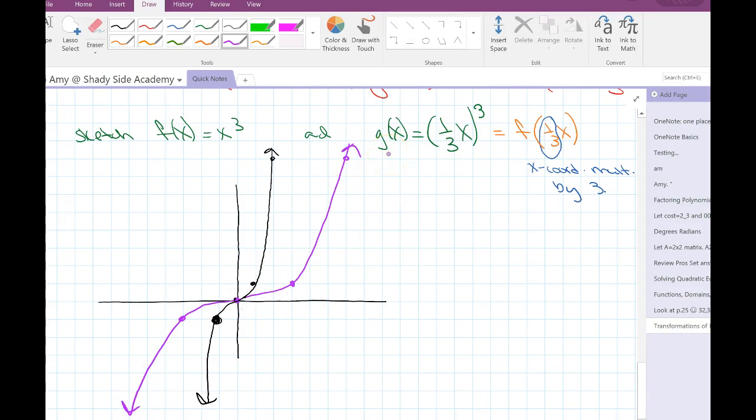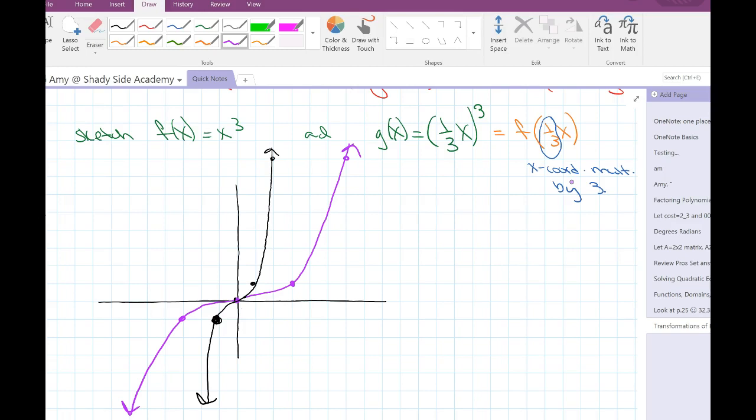And again, yeah, you can think of a horizontal stretch as comparable to a vertical shrink. But what I don't want you to assume is that a horizontal stretch by a factor of 3 is equivalent to a vertical shrink by a factor of, sorry, I don't want you to think that when you equate a horizontal stretch with a vertical shrink, the scale factor is always the same number.